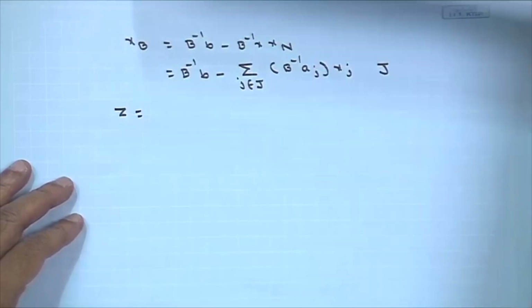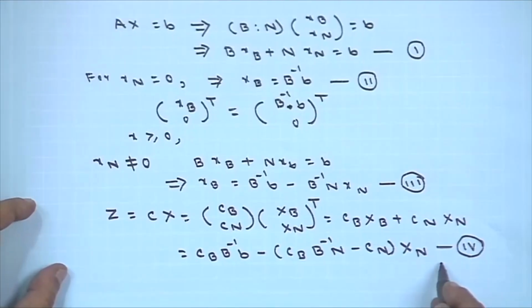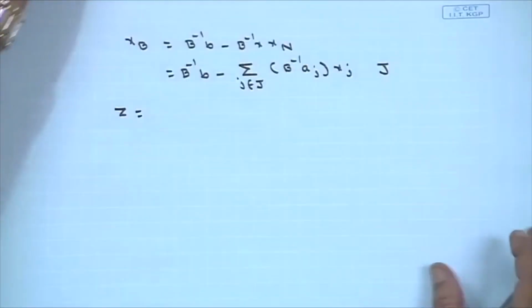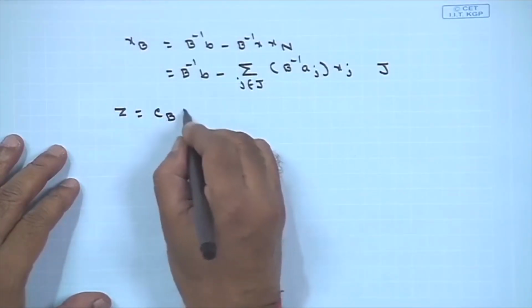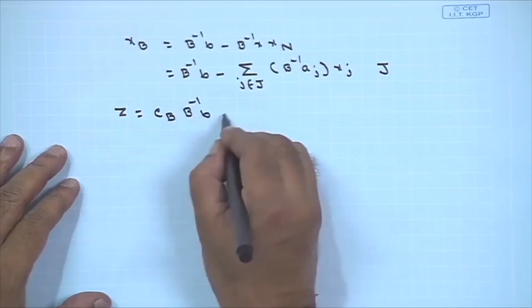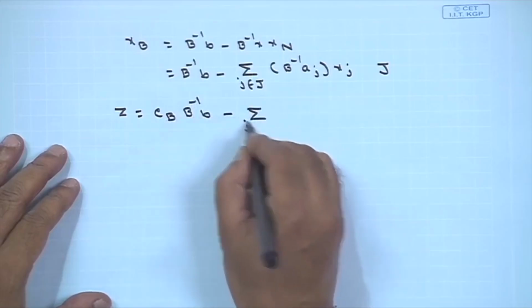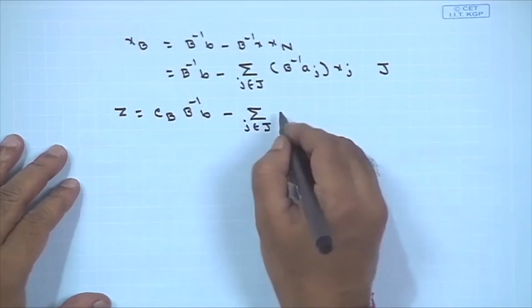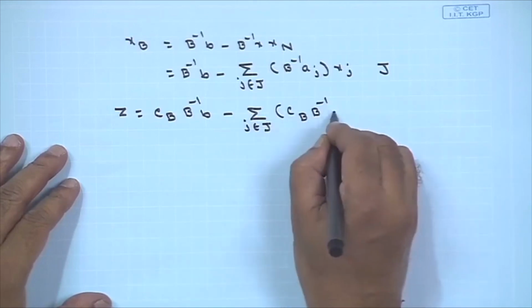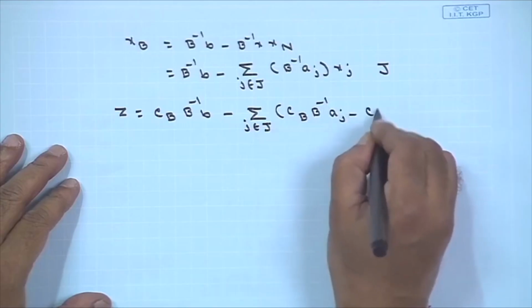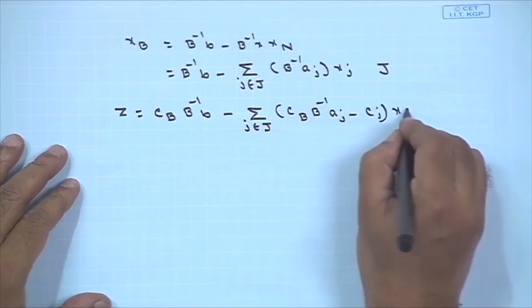If I substitute in equation 4, I will obtain z equals C_B B inverse b minus summation j belongs to capital J of (C_B B inverse A_j minus C_j) into x_j.